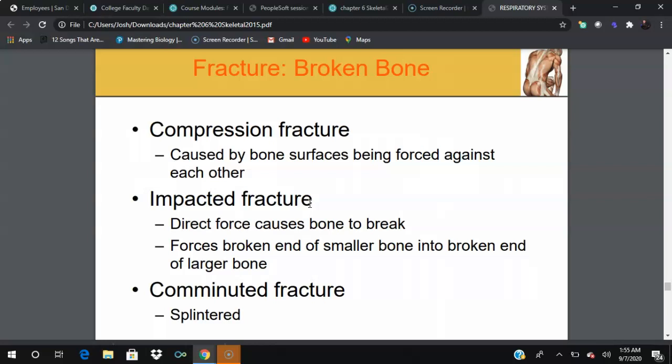Comminuted fractures can be a twisting injury, where you get a break in multiple areas and bone splinters. Those can be very difficult to deal with because they usually have to be repaired externally, where you go in and put a plate or put pins in order to get all of those splintered areas to re-adhere to the bone so that the bone can heal appropriately.